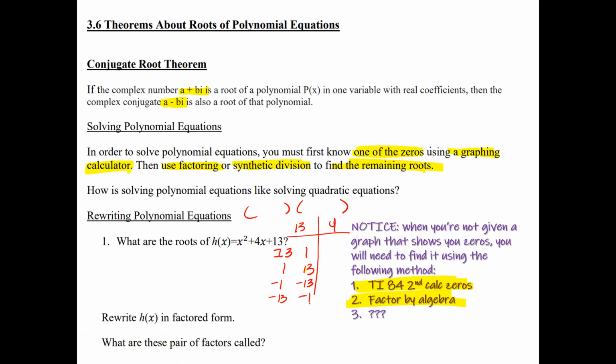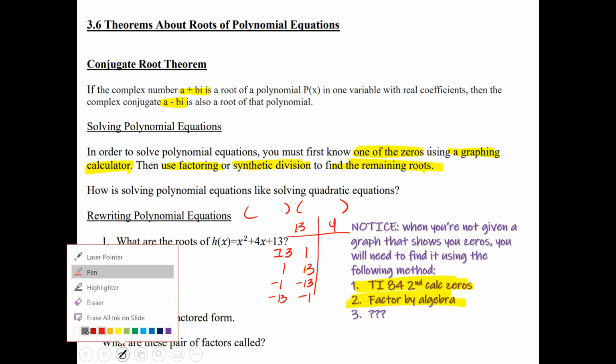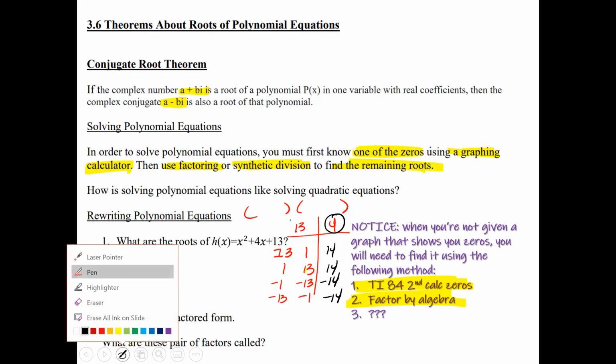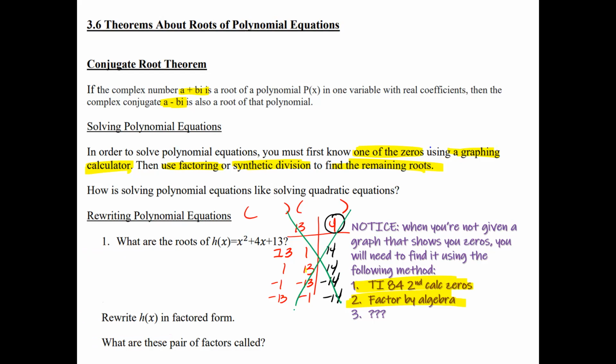Those are all the different factors that will give me a positive 13. Do any of these add up to a 4, which is your middle number? That gives me a 14, 14, negative 14, negative 14. Nope, it does not. So right now I can just say algebra is out, cannot use algebra. The only thing that we can do is by the calculator.